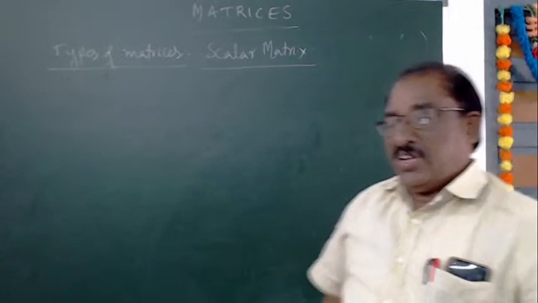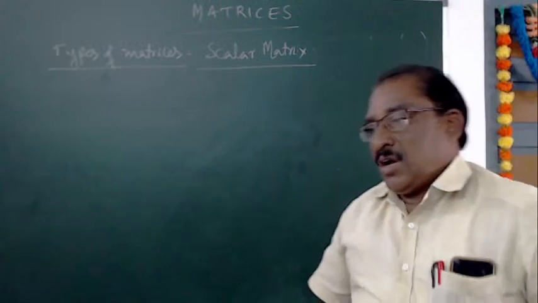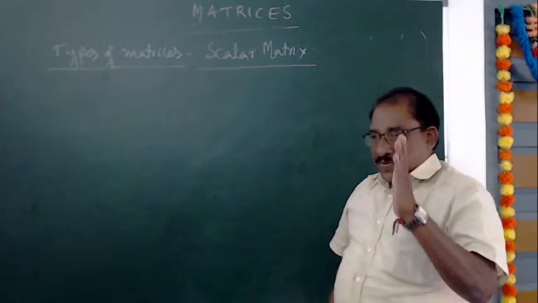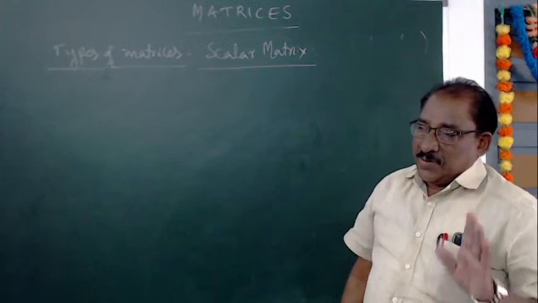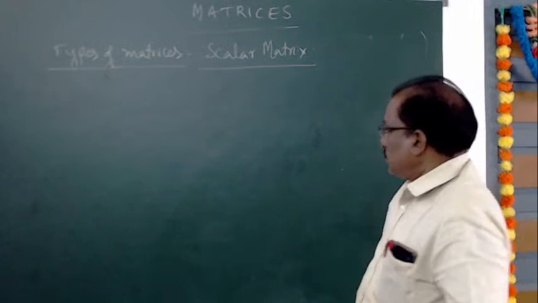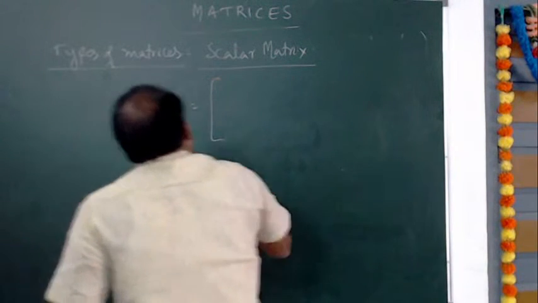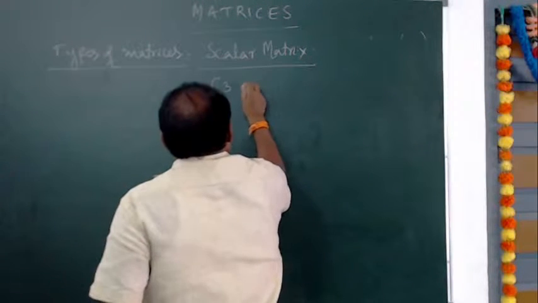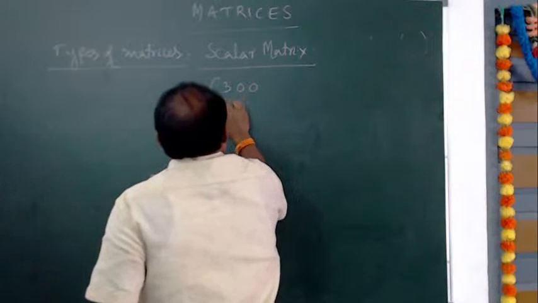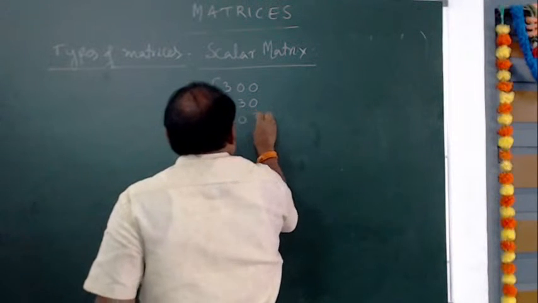You know about the diagonal matrix; if the diagonal elements are each equal, write down A is equal to 3 0 0, 0 3 0, 0 0 3.